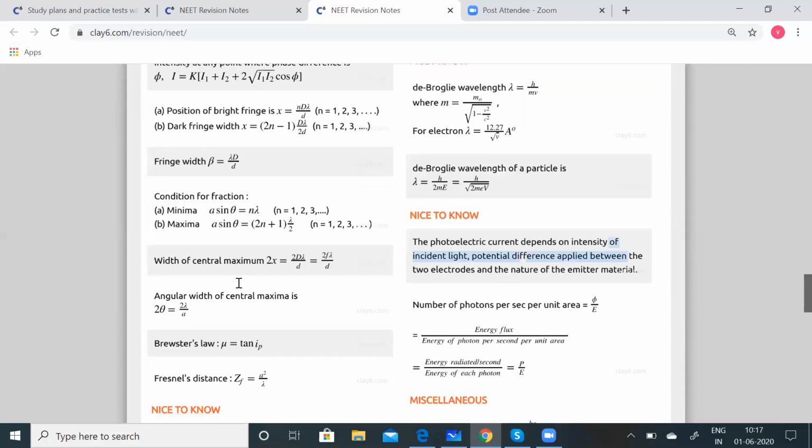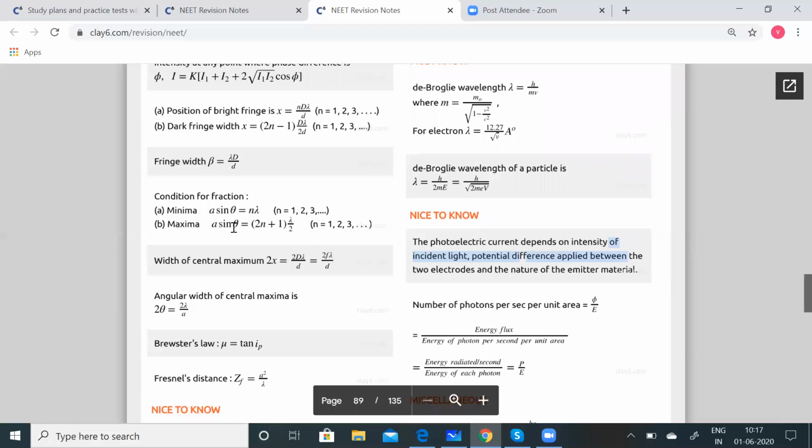Conditions for diffraction. You'll have to know minima. Whenever you need a minimum in diffraction, a sin theta is equal to n lambda, where n is equal to 1, 2, 3.